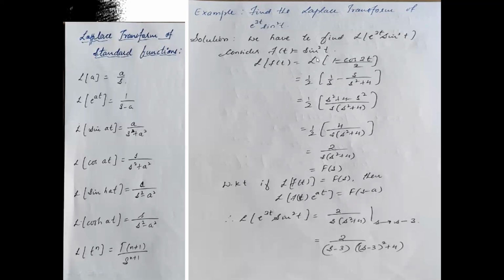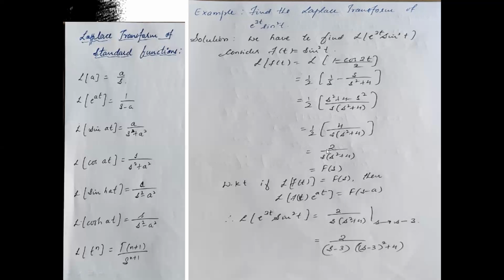Now applying the shifting property, when the function is multiplied by e raised to at, here e raised to 3t, we just replace s by s minus a. So in our F of s, s is replaced by s minus 3.